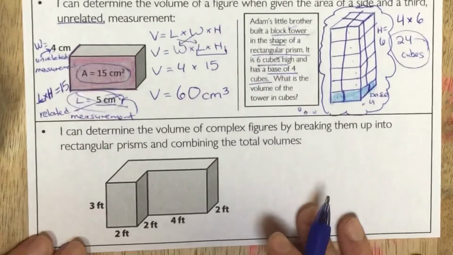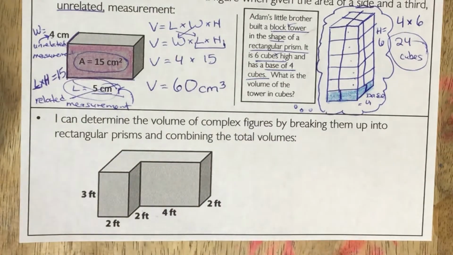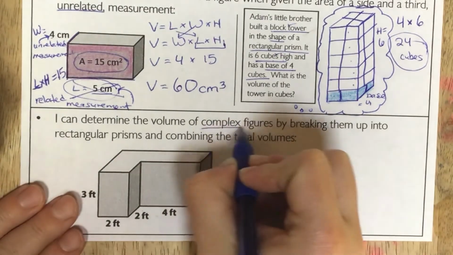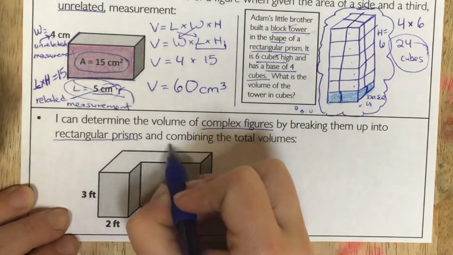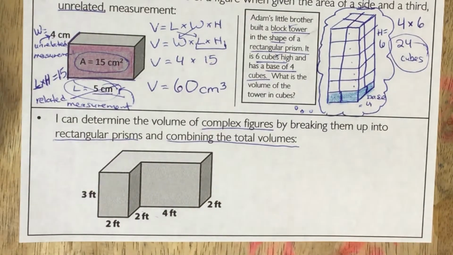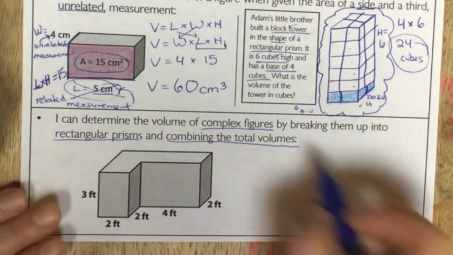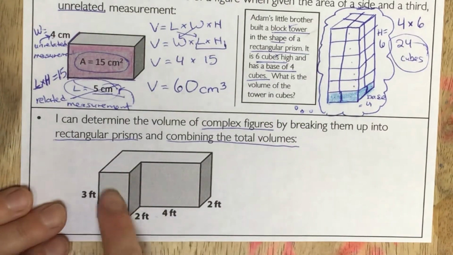The final skill that we're working on is I can determine the volume of complex figures by breaking them up into rectangular prisms and combining the total volumes. Let's talk about what all those different things mean. This first piece, complex figures, means it's not just a rectangular prism anymore.